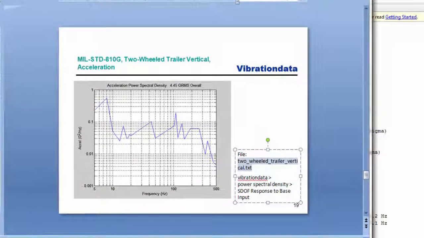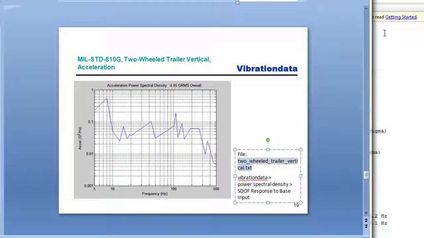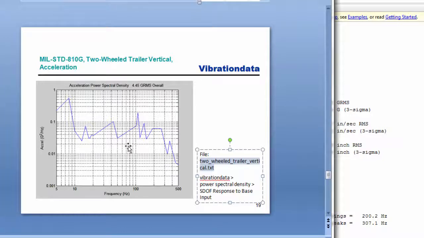Okay, so let's see what else we have here. We have the rate of zero up crossings and rates of peaks shown there. So even though it looks like in log-log format, most of the energy, even acceleration, is down here, we have to remember that this is log-log format, and that if we integrate the area under this portion of the curve, it would be relatively small compared to other bands that we might construct.